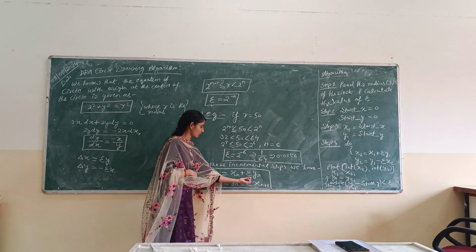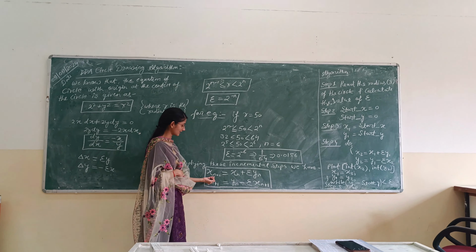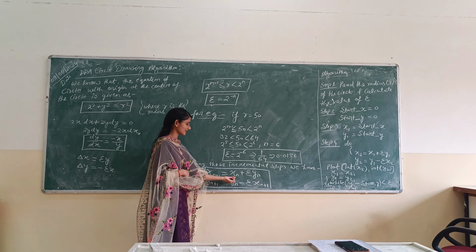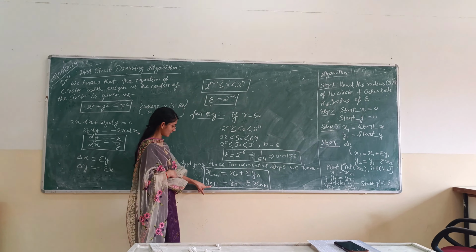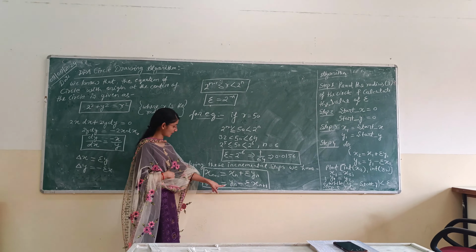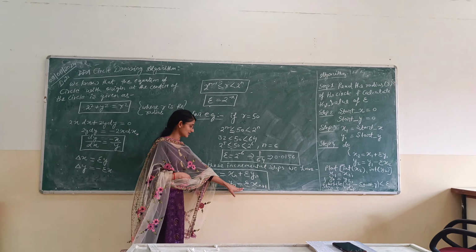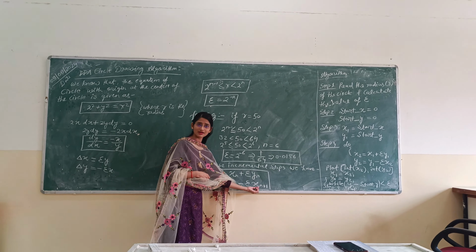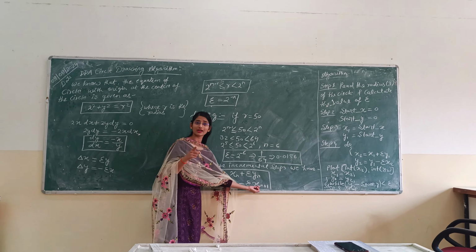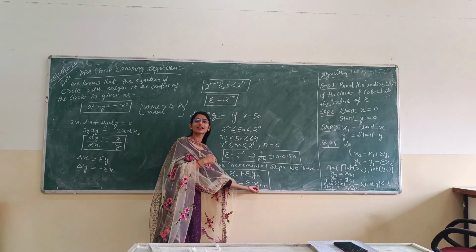So the entire value of x n plus 1 will be x n plus epsilon y n, and the incremental value of y n plus 1 is equal to y n minus epsilon x n plus 1. What is x n plus 1? This is the newly calculated value of the x-axis.